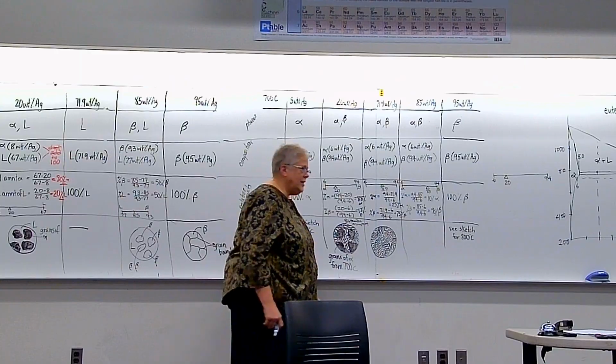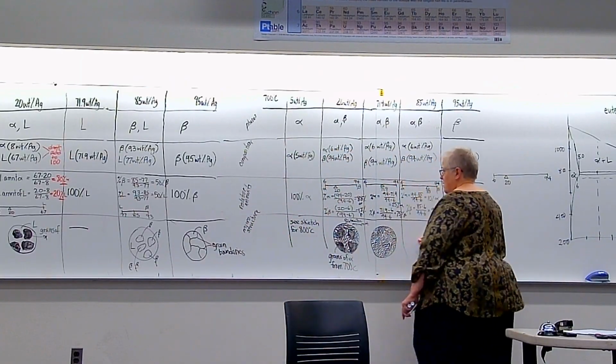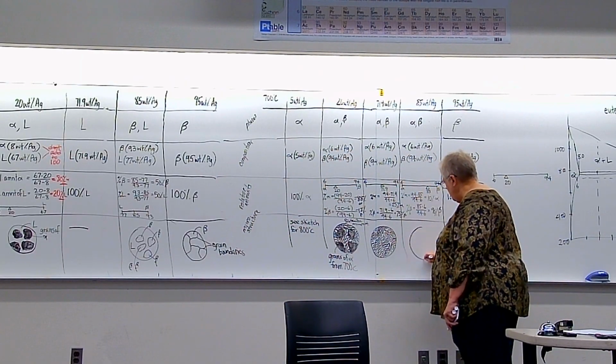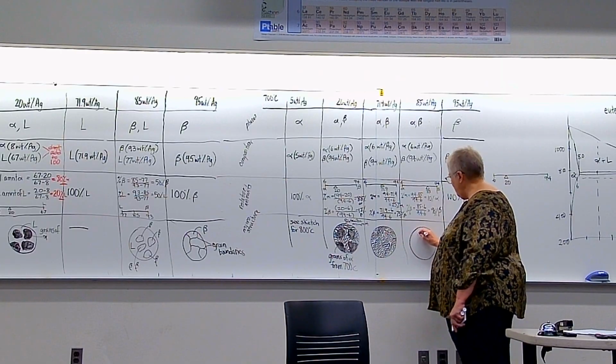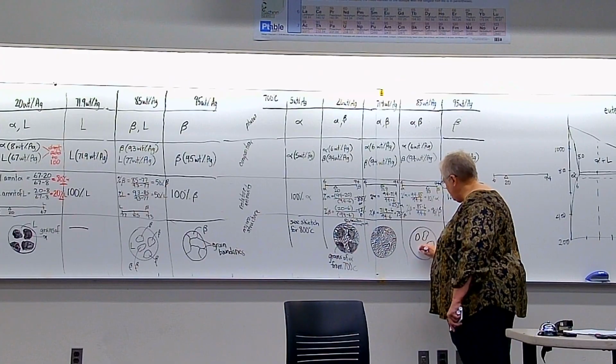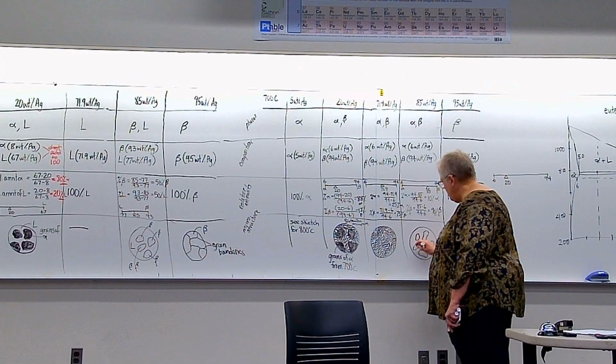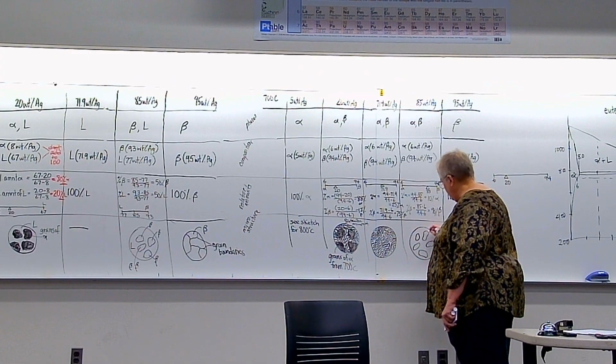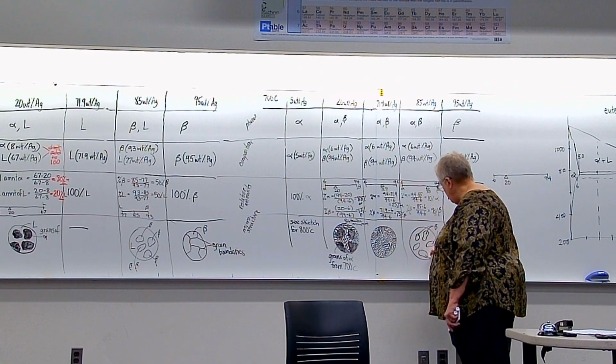And similarly, over here, we had grains of beta that were smaller. There's a little bit less of it. So these are still beta, and where there was liquid, now there's this eutectic.